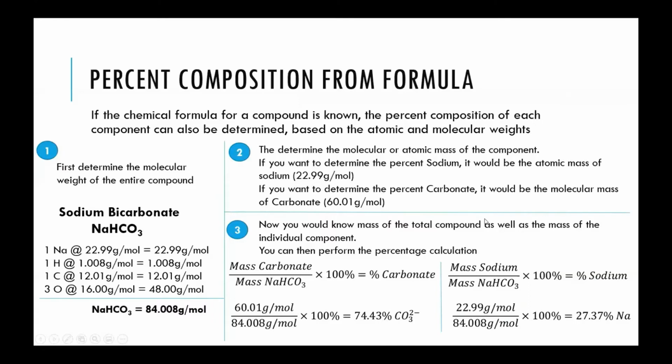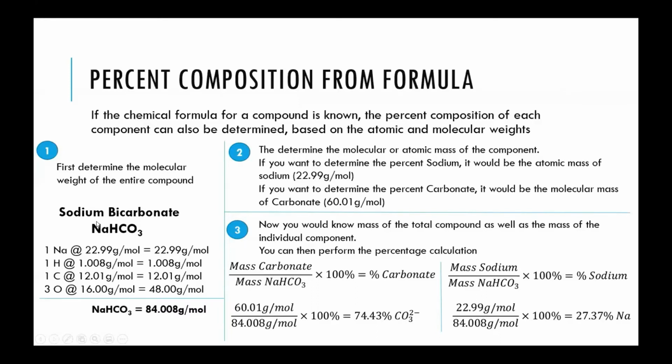You can know the mass of 1 sodium atom or of 1 carbonate that is contained within the compound. When you divide the mass of the component by the mass of the entire compound multiplied by 100%, that will give you the percentage by mass of the component.